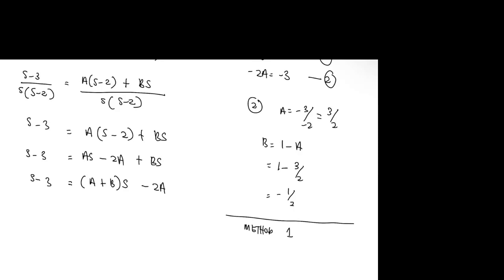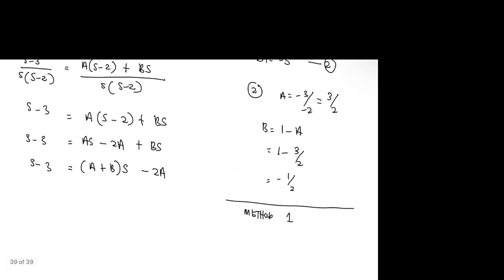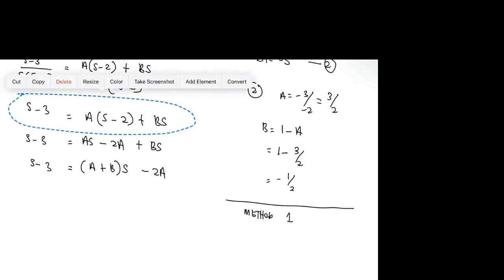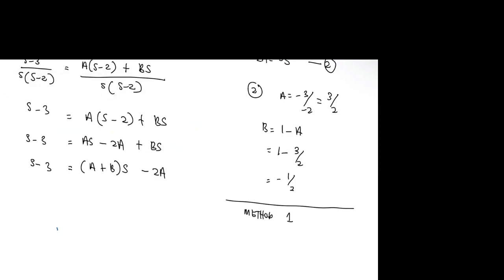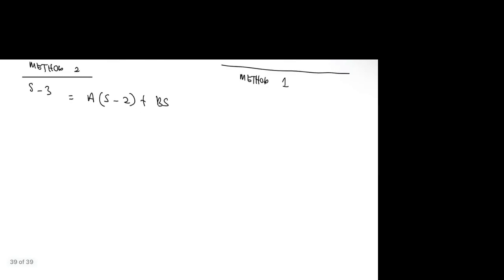But for me, I like to use a second method. Let's start from this one. So this is method number 2 to find the value for a and b.